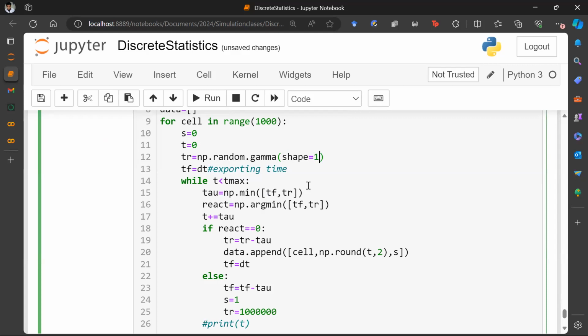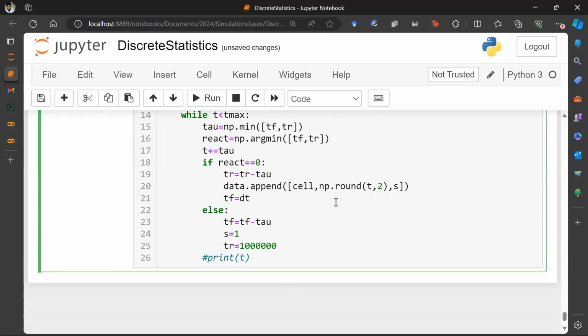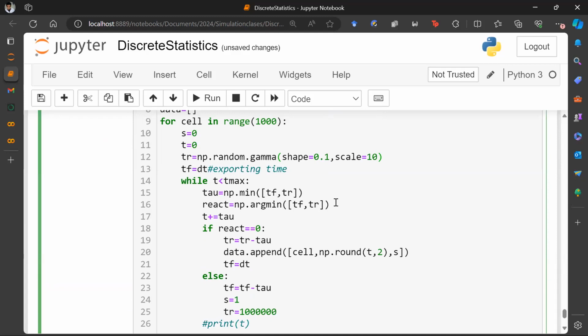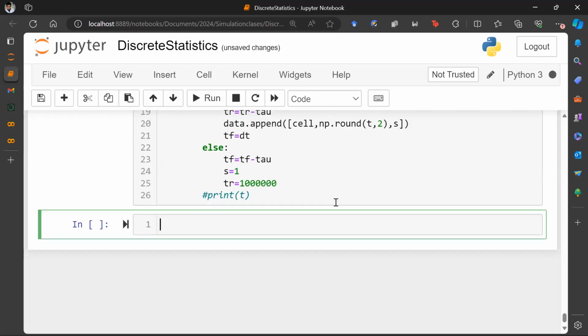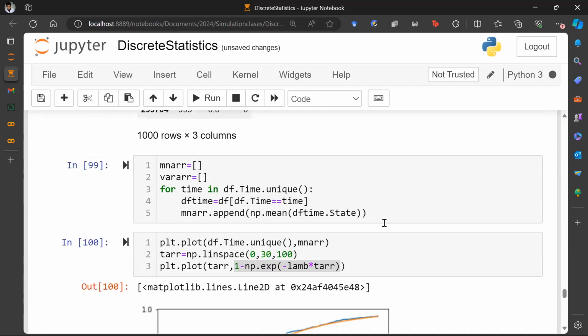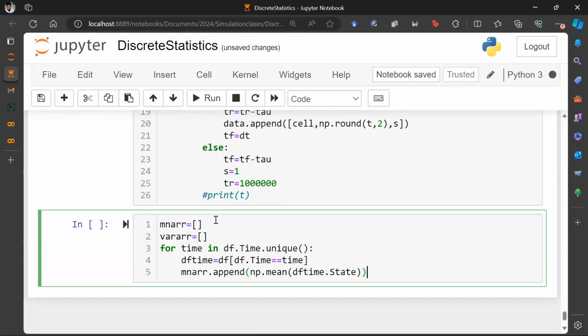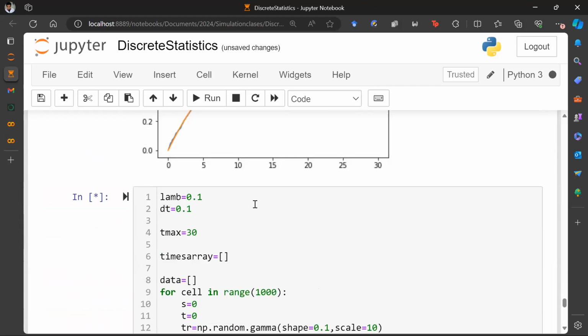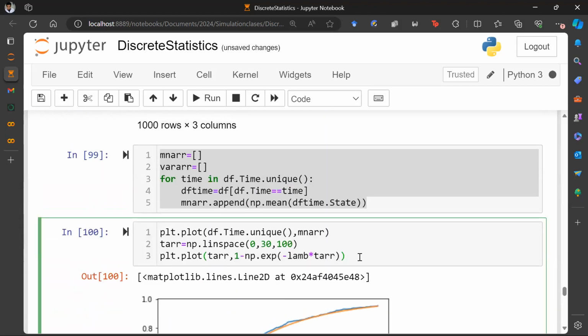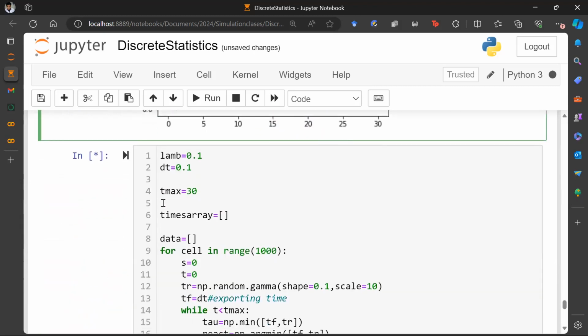It's only for showing you. That's it. So now the distribution is going to be something different, but the times are not exponential. And the mean is going to be something different.